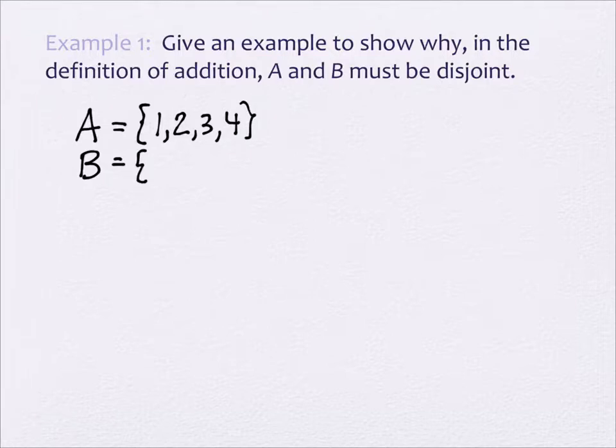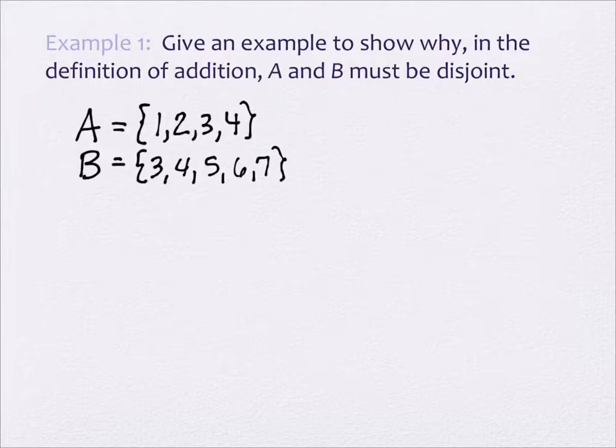And we're going to make set B 3, 4, 5, 6, 7. There's nothing special about these sets. The only thing that matters as I create them is that they overlap. And these do overlap. Where do they overlap? 3 and 4. You got it.